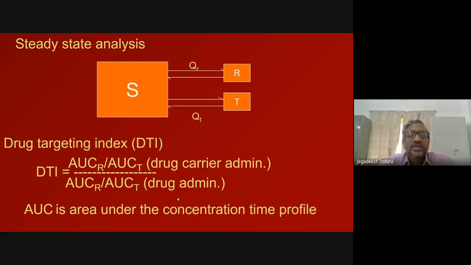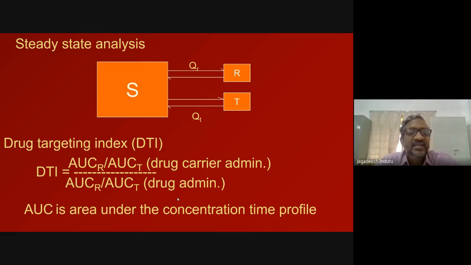This ratio is required to be very high, then your drug targeting index is very high. Of course, here you need to change the AUC to T by R accordingly. You can define it.